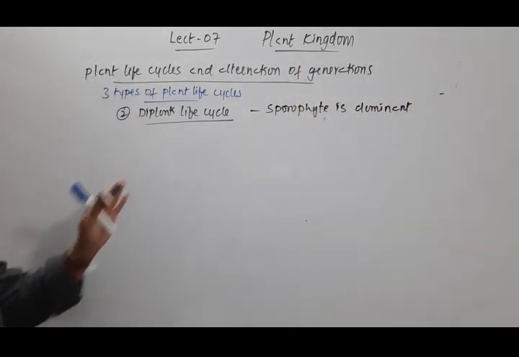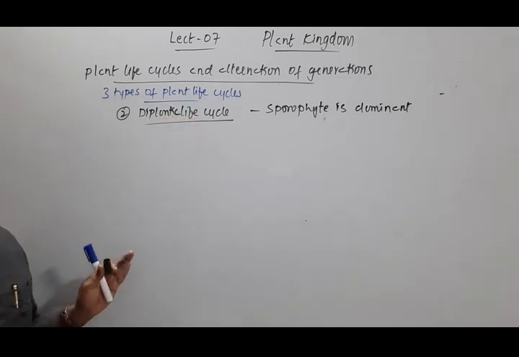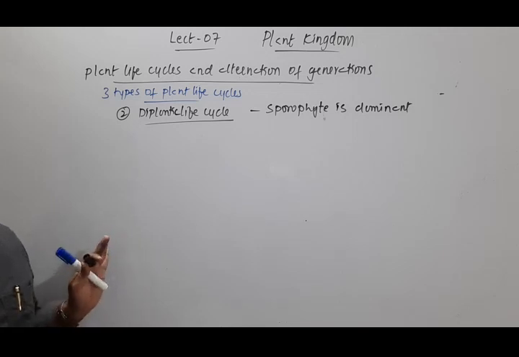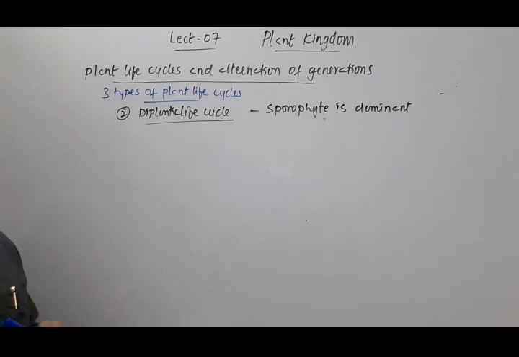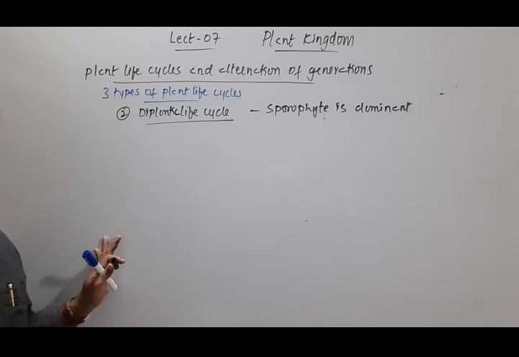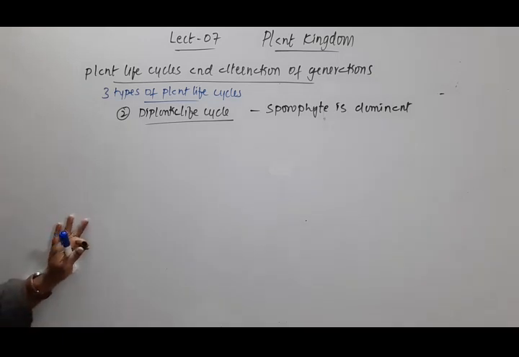Here you can see in the case of the trees and many other plants around you, almost all of them show the diplontic life cycle. Most of the time you will see it as a tree or a shrub or a herb. All of them are sporophytes, and they produce flowers, and inside them are the gametophytes. Hence the sporophyte is dominant.